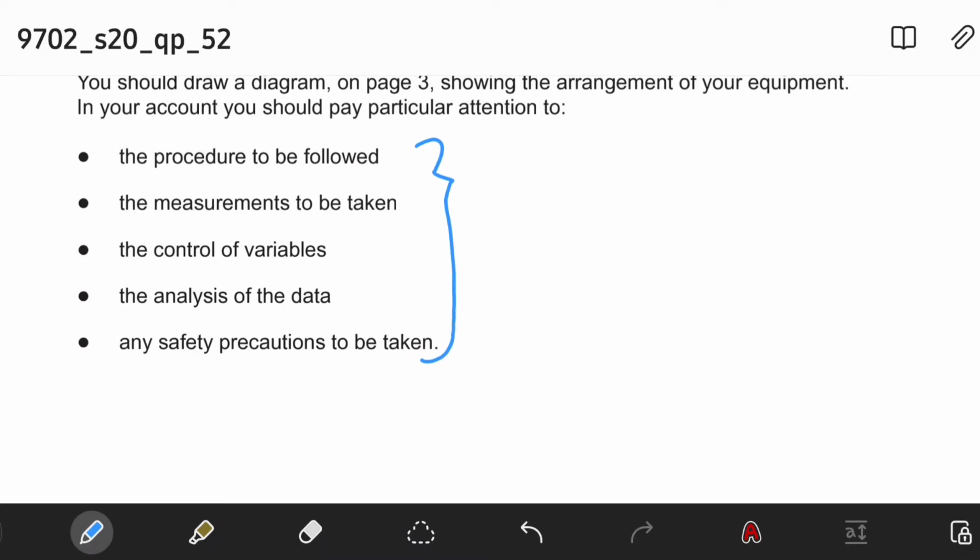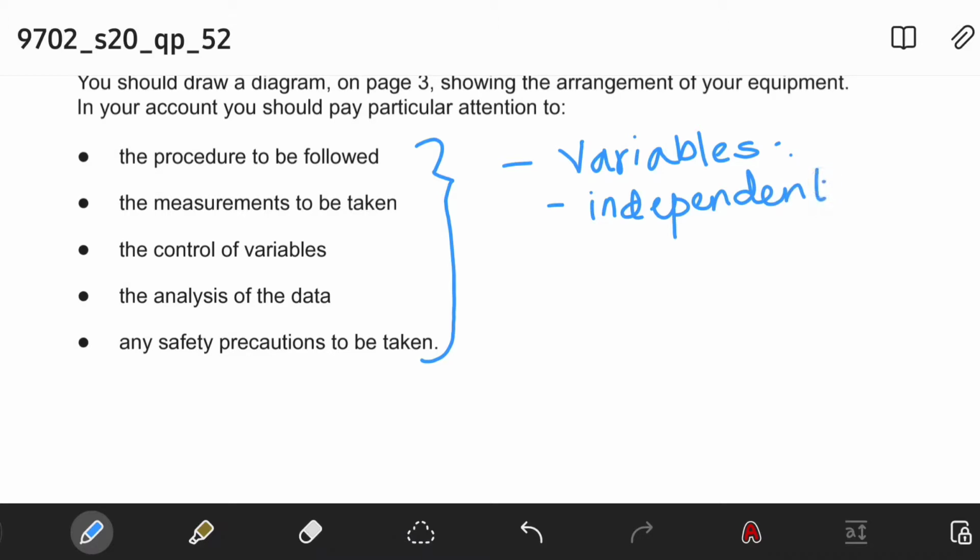So first thing we should write when solving question 1 of P5 is the variables. Now what kind of variables we need to write about? The independent variable, the dependent one, and what constants are there, meaning constants.